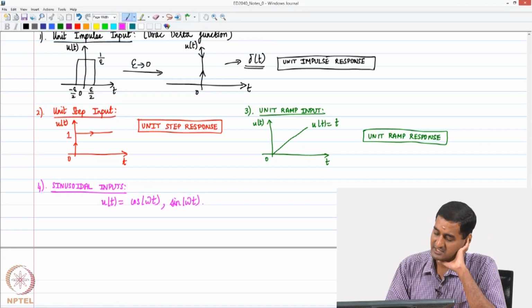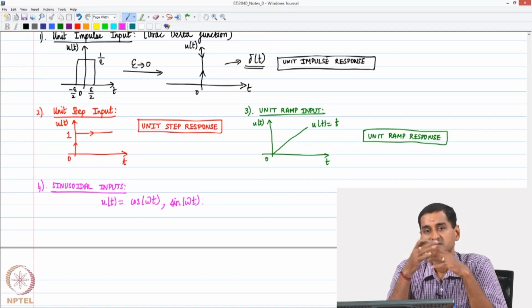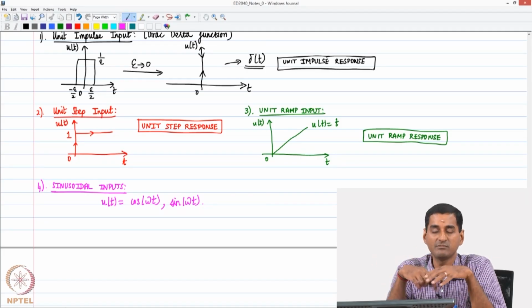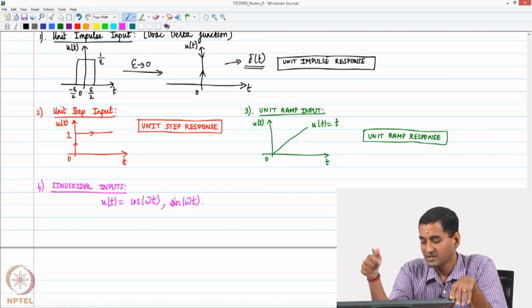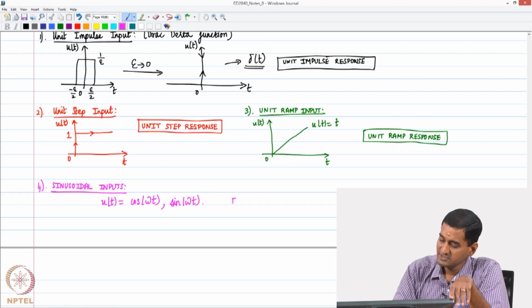We will later see that if we have a stable LTI system, the steady state output of such systems when we provide a sinusoidal input is also going to be a sinusoid of the same frequency, and that information is used in analysis, and that analysis is what is called frequency response analysis.